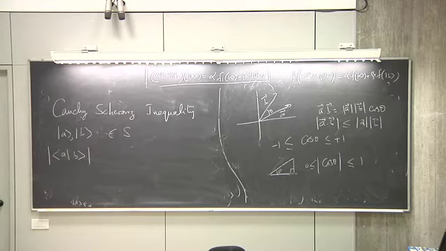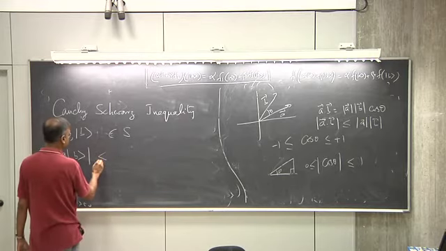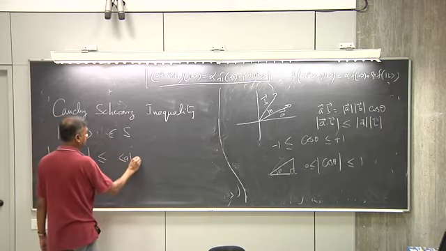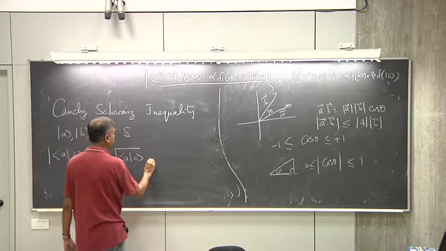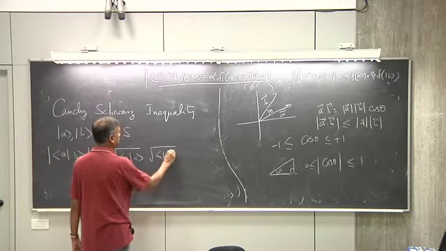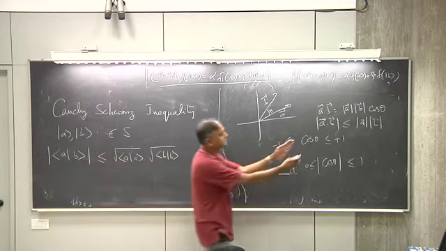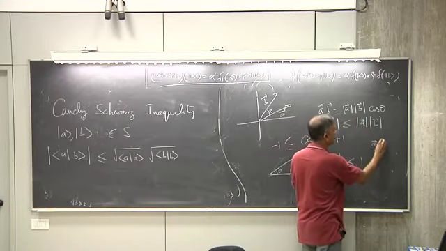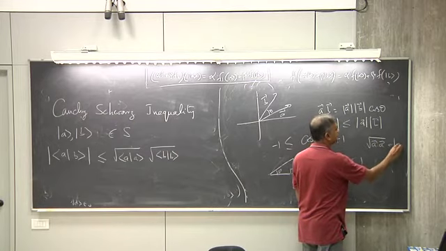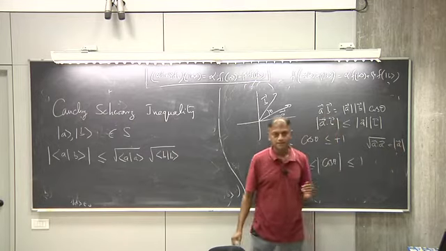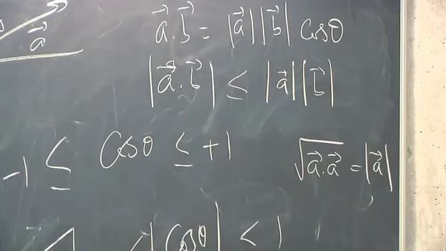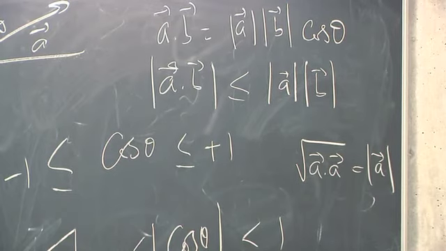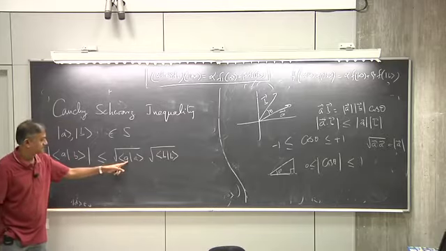This is going to be less than or equal to the square root of A with A times the square root of B with B. I mean, the length of A is nothing else but the square root of A dot A. A dot A is the length squared, but when you say length, I have to take the square root of the length squared. So that's what I mean.